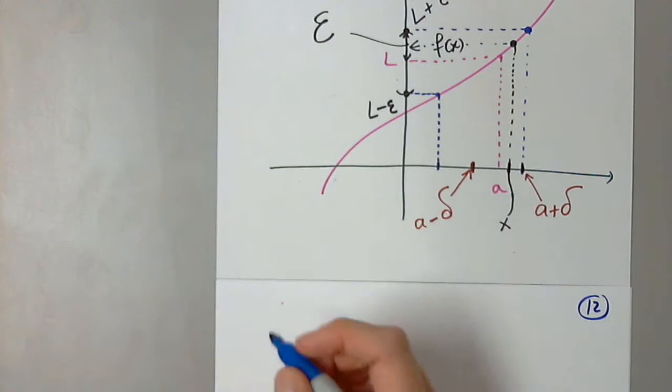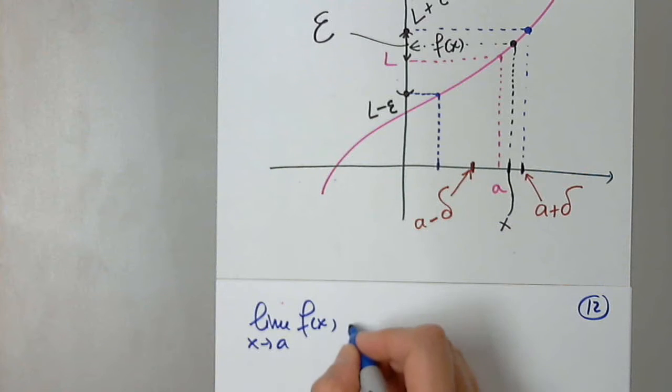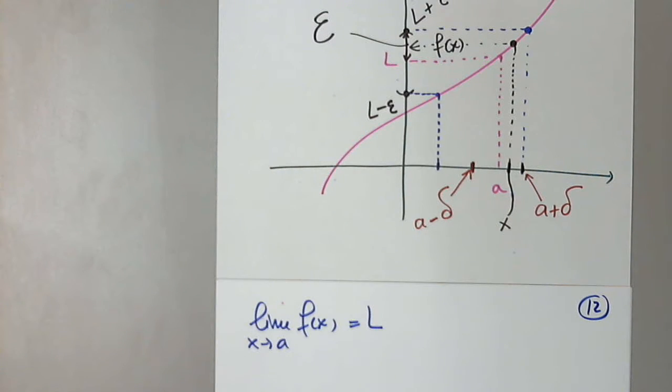So limit, this is the entire definition. We have to write it every time. Every time we are asked to use the precise definition of the limit, or the epsilon delta definition of the limit, to prove that this is correct, we have to write the definition from scratch.